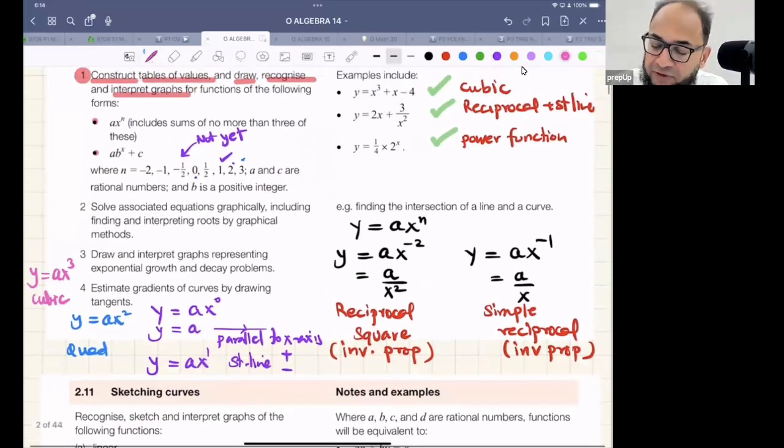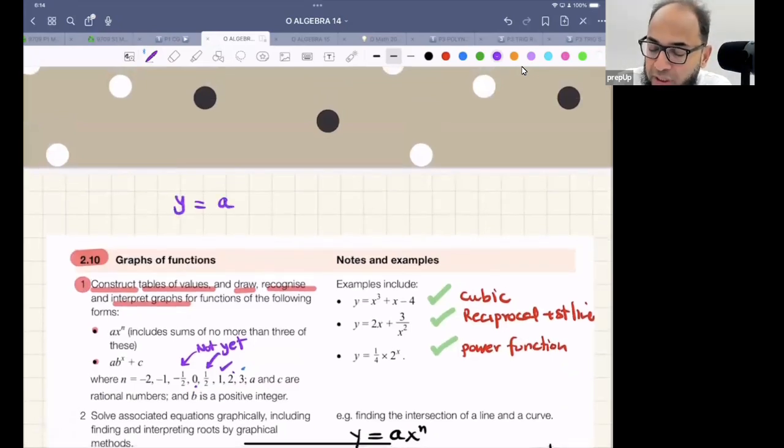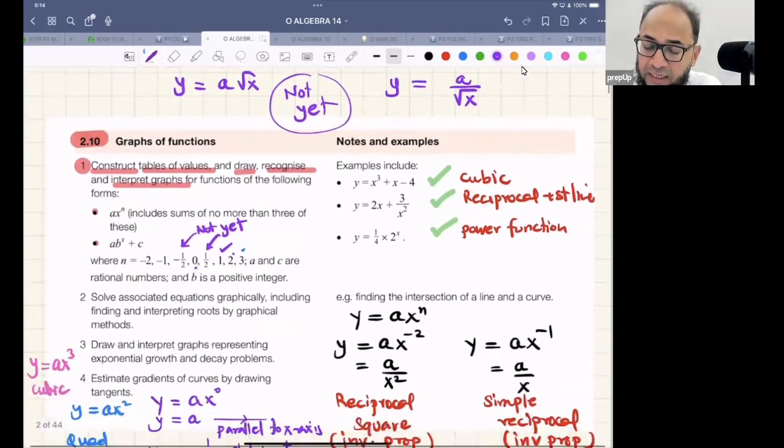So these are the different things that we have studied. The only thing that we have not studied is these two, that is ax^half and ax^minus half. So y is equal to a root x, or y is equal to a over root x. This is not yet done. This we have to study.